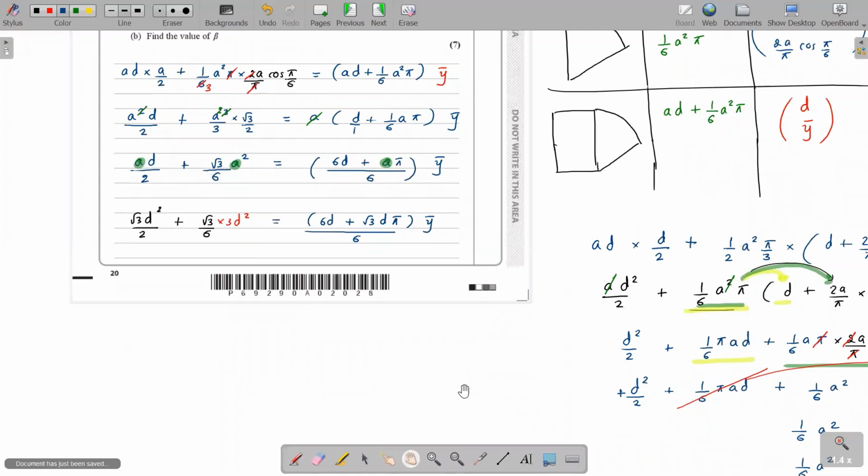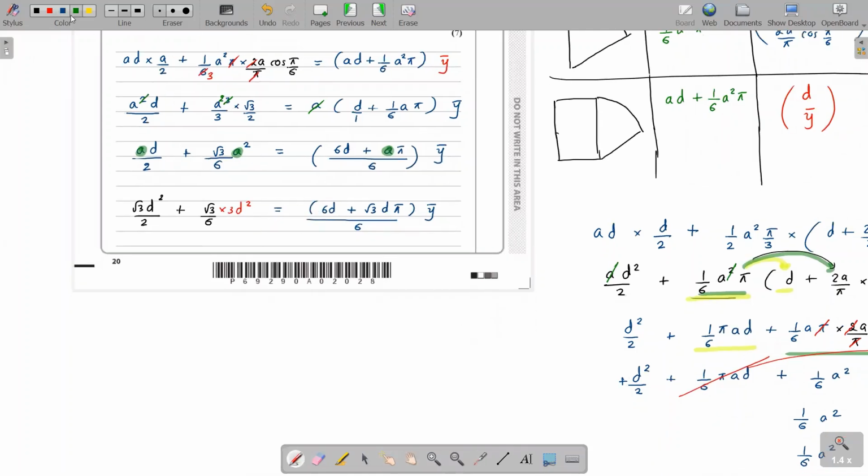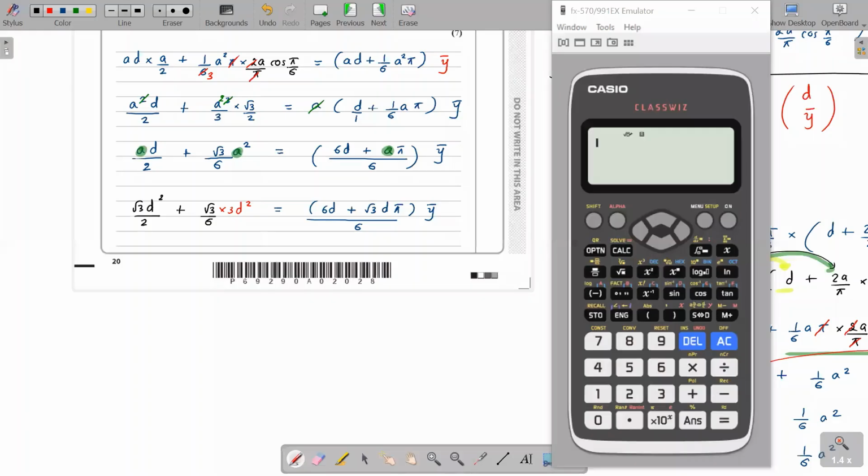So let's simplify. I think we can take a D out from here and we can add these two as well: root 3 D square over 2 plus 3 root 3 D square over 6. So we can add the values here and write a single D square value. I get root 3 over 2 plus 3 root 3 over 6, so we add this and I get root 3 directly.